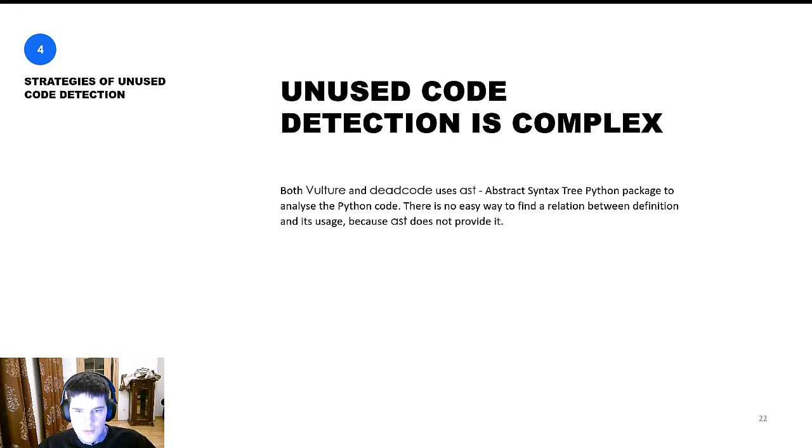And it is hard to interpret this abstract syntax tree because only the names of the labels are provided without any association between those names. So definition and usage are not associated in any way in the abstract syntax tree.